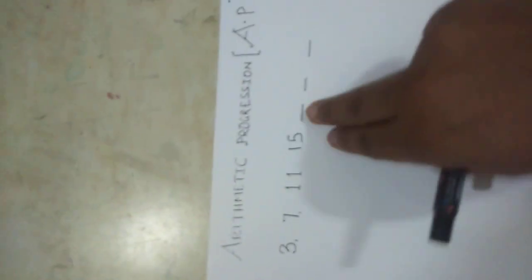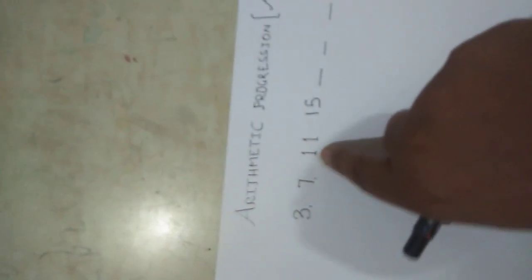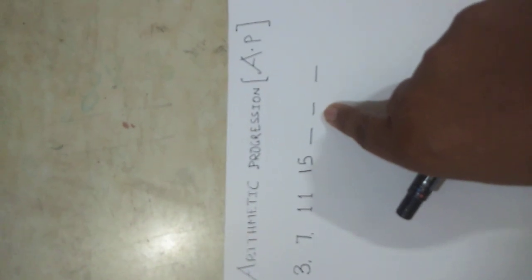If I ask any child in the classroom like this, without writing arithmetic progression, I write 3, 7, 11, 15 and ask please tell me the answer, maybe the whole class will raise their hand for this answer. Why? Because there is no fundamental formula. They know it by this 4 plus 4 plus 4 plus 4 plus 4. So here we can say this is 19 plus 4, this is 23 plus 4, this is 27 plus 4.